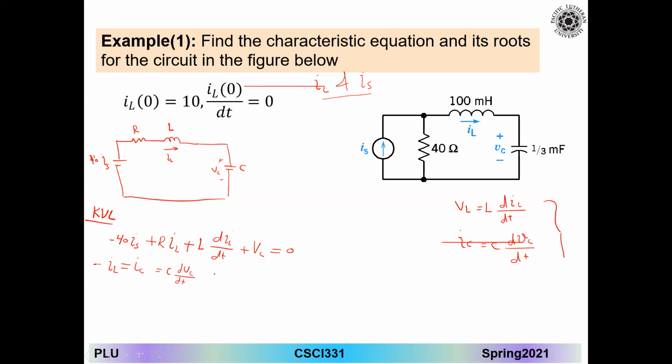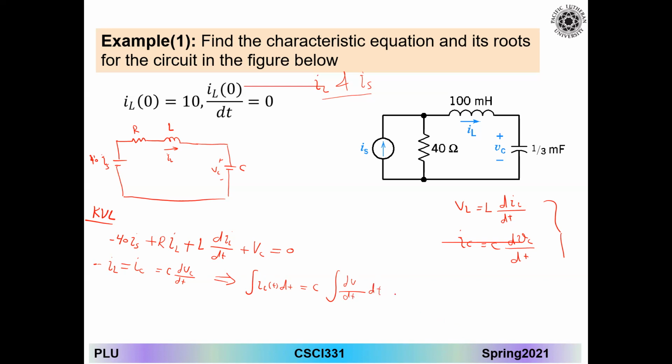So what can I do? What is the opposite of the derivative? Integral. Okay, so I'm gonna take the integral of those two parts. So integral of IL dt, and this one is equal, C is constant, integral of dV by dt dt. You agree with that?